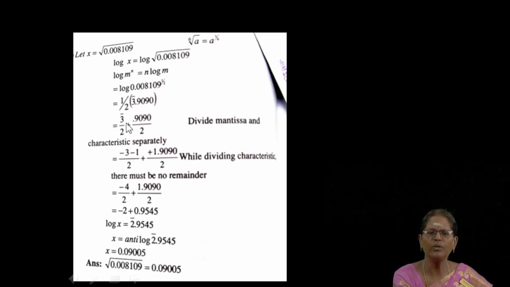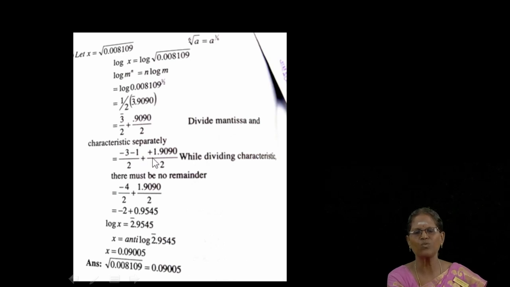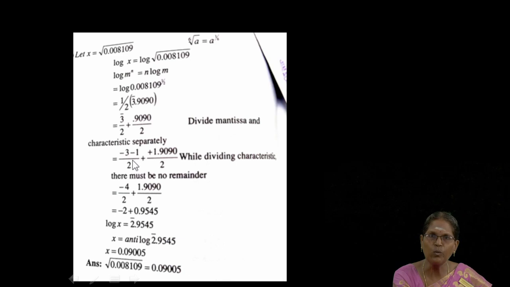So for this minus 3, we can subtract 1 and we can add 1: minus 3, minus 1, plus 1. The minus 1 is written here and the plus 1 is written on the mantissa side. So minus 4 by 2, which is minus 2.